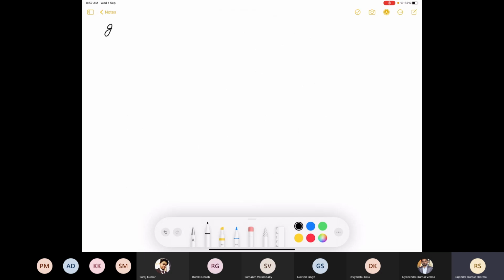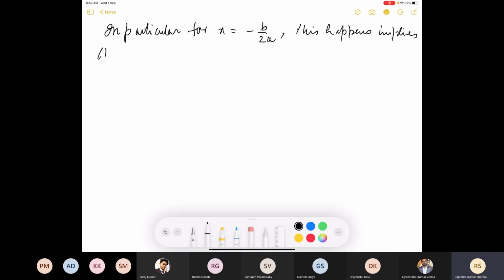So in particular, for x as minus b by 2a, this implies that b square is less or equal to 4ac. Okay, so this is what we have got.